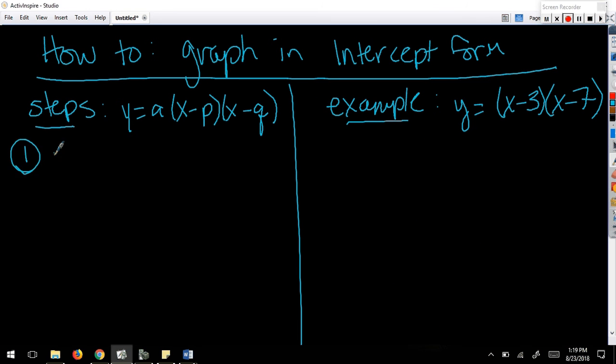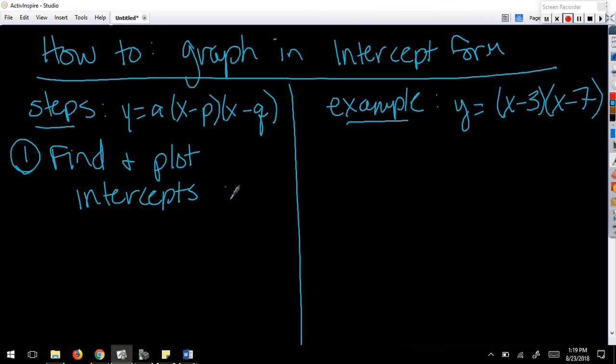First thing I want to do is find and plot. It's been the vertex every time. This time it's intercepts. So we have P and we have Q, but these are opposite signs.